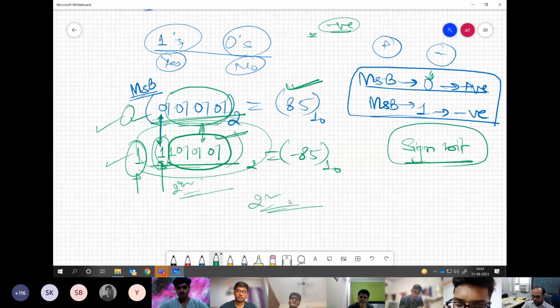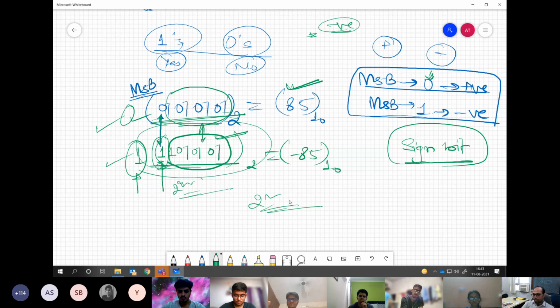This is just one example I have given, of how you can look at the negative numbers in the digital domain. So we distinctly define the magnitude as well as the sign. That is all. This is just an example.